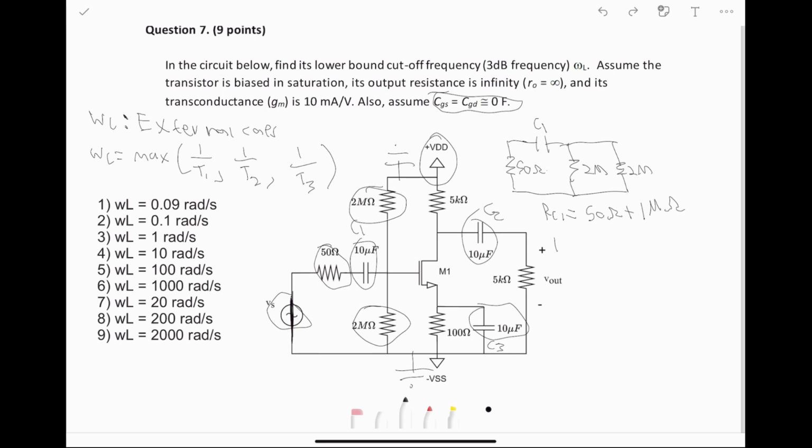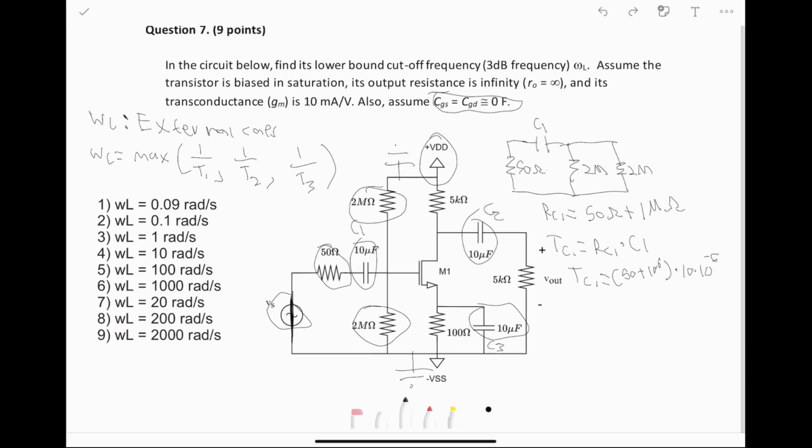And to find tau, we just multiply RC1 by the actual capacitance C1. So we can say that tau C1 is going to be equal to 50 plus 10 to the 6th, that's the 1 meg, times 10 times 10 to the negative 6. This value here is just the value of C1, it's 10 microfarads.